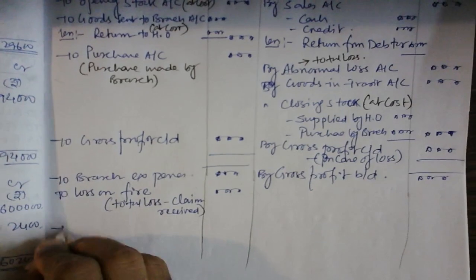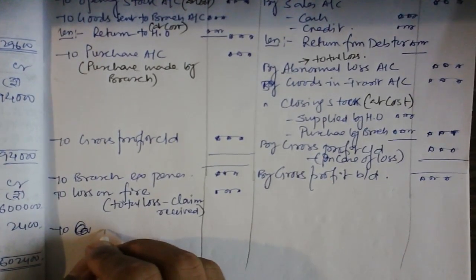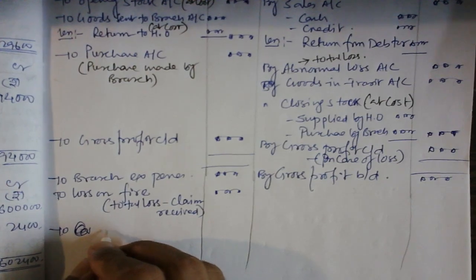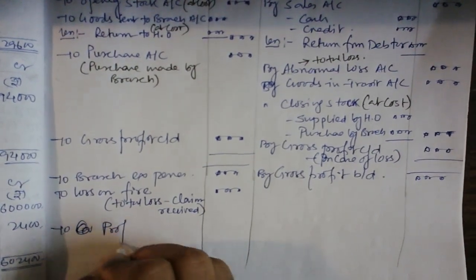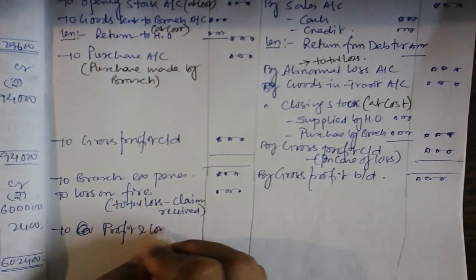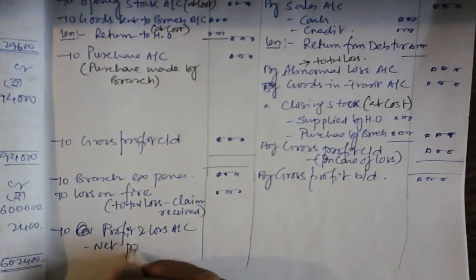After this, we have to capital account. Sorry, to profit and loss account, net profit transfer. Perfect.